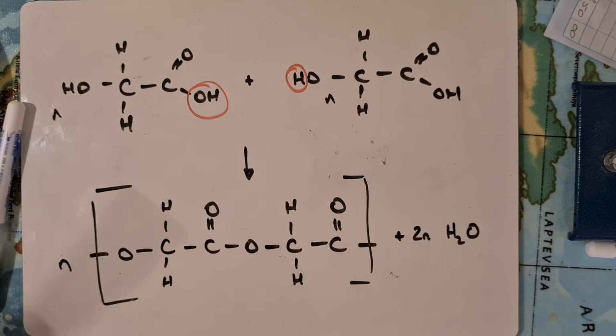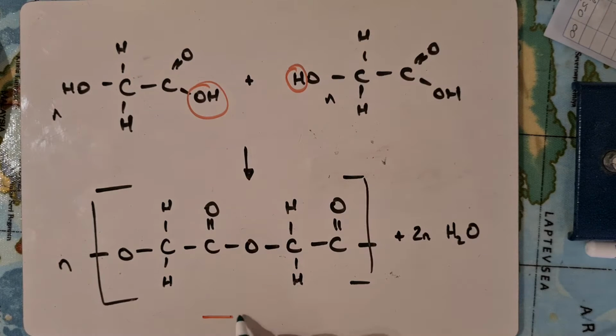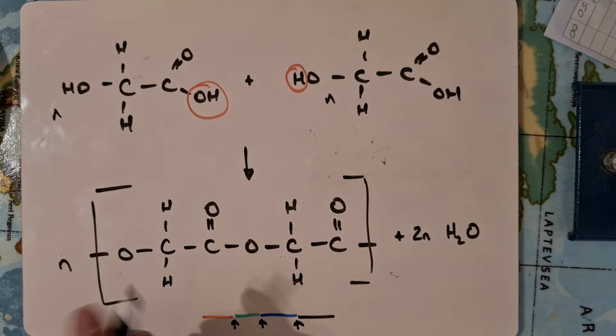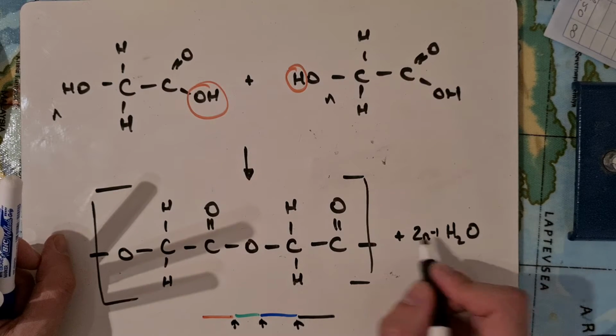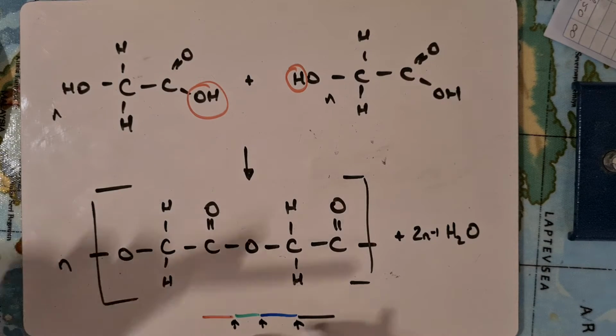But because this is a long chain, where we'll do it with different colours, one joined to another, joined to another, joined to another. So I've got, this represents 4 joined in a row. We will get water from here, water from there, and a water from here. Because the ends don't join, we get 1 less water. So it will be 2n minus 1 H2Os that are formed there.